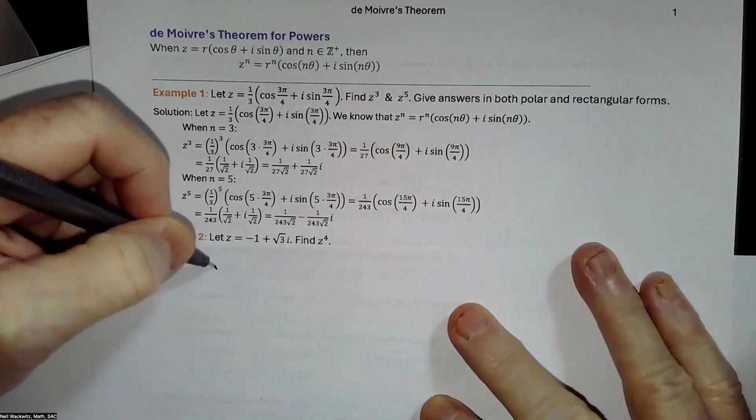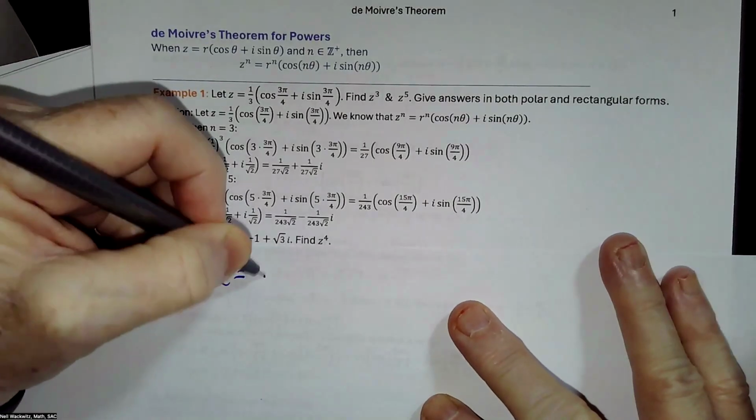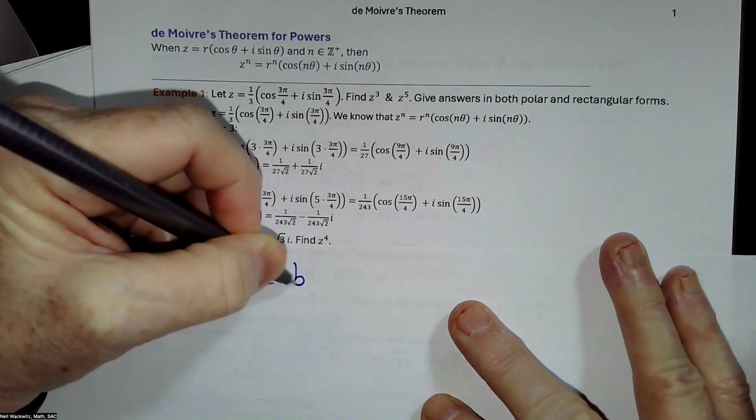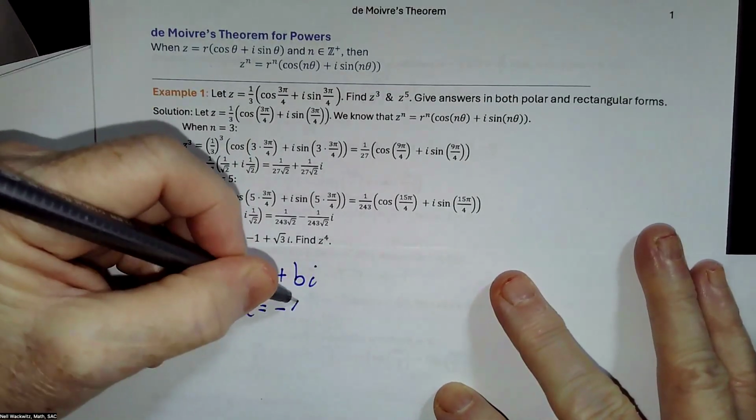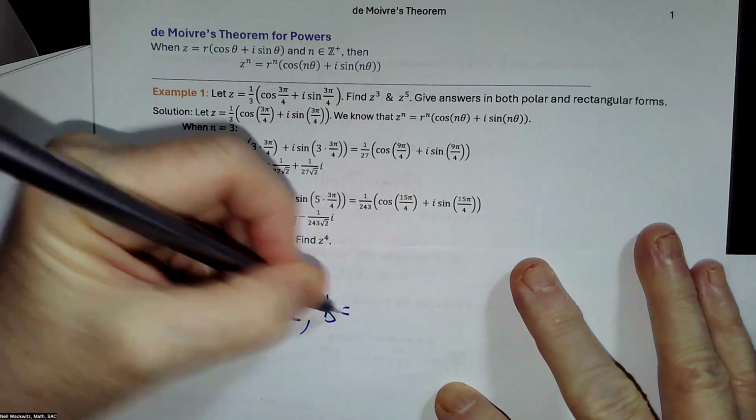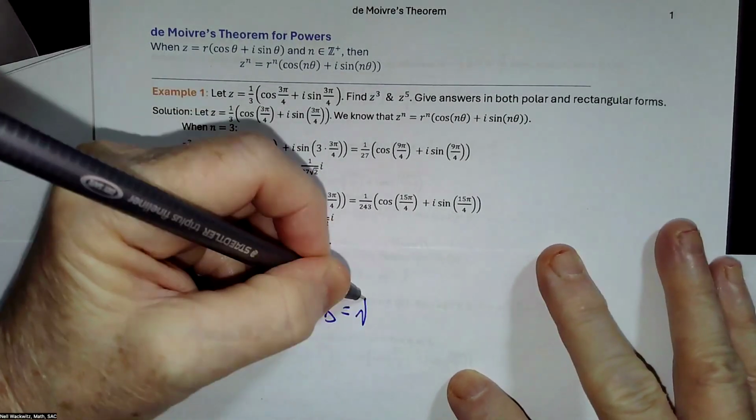So I know that here z is equal to a plus bi, so that a is -1 and b is square root of 3.